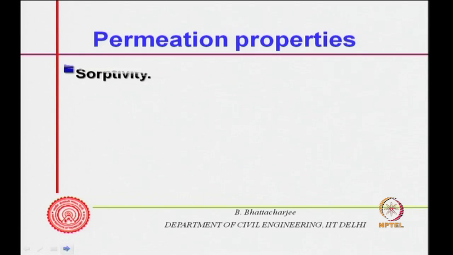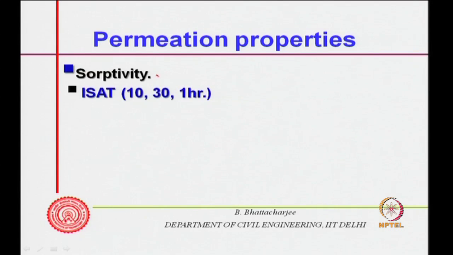However, we can compare, and sometimes we might have to judge performance of materials in situ. So, certain permeation properties and permeability measurement is difficult, in situ it will be even more difficult. So, certain tests have been devised, namely sorptivity is a property, initial surface absorption test, sorptivity for laboratory specimen.